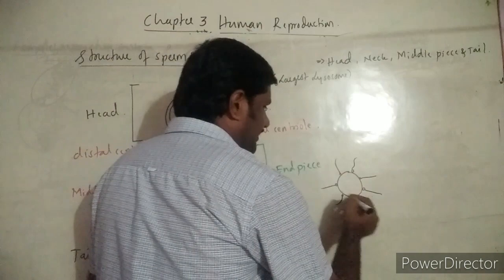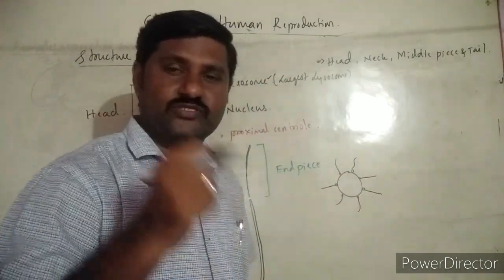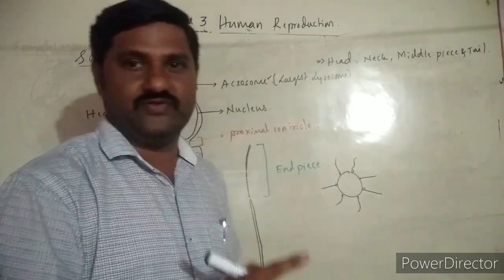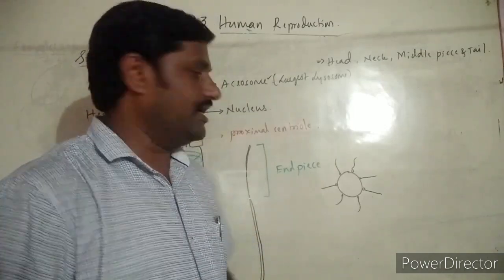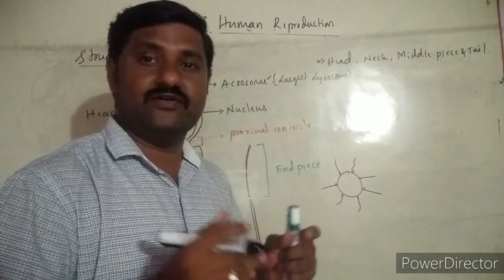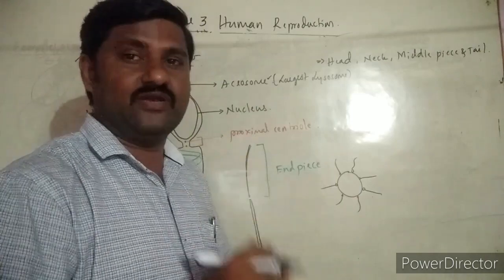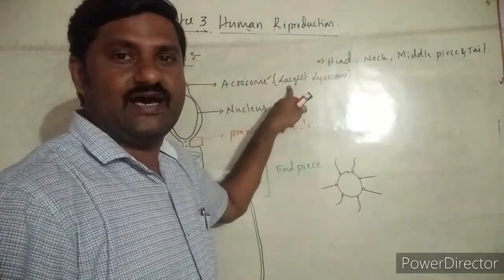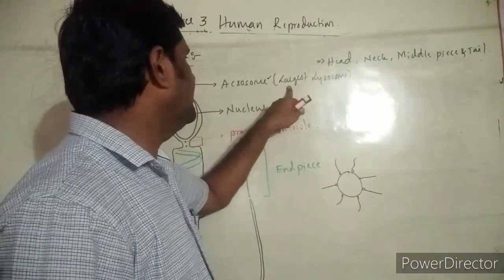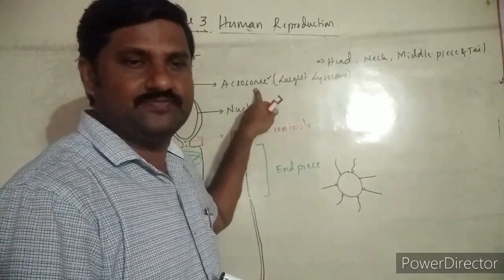The wall of the egg cell contains a very hard homogeneous layer. In the previous class we have learnt that zona pellucida is there and corona radiata is there. They are very hard layers, so to dissolve the zona pellucida, especially hyaluronidase, the enzyme present inside this acrosome, helps for that, right?